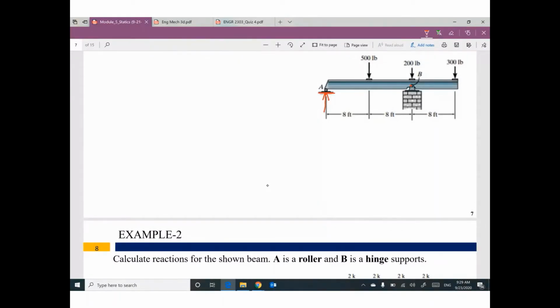So we have a vertical reaction, YA. Why do I label this reaction YA? Because this reaction is in the Y direction, so I labeled it with Y, and this reaction is at point A, so I labeled it YA.